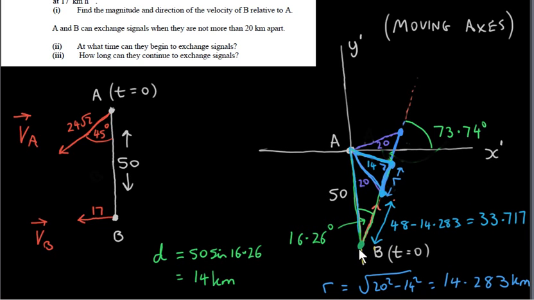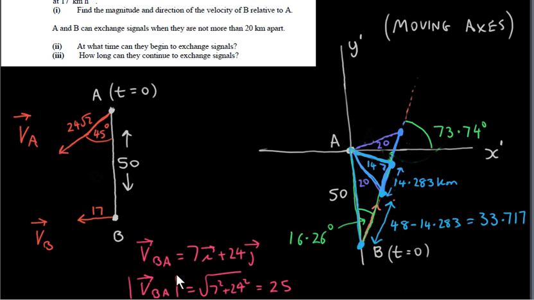Now we need to find the time taken for the ship to go from here to this point. We have the distance, so we need to get the speed of B relative to A. We worked this out earlier. We had vector VBA, we got its magnitude, and its magnitude is the speed of B relative to A. So we have the speed and the distance, so now we can find the time.